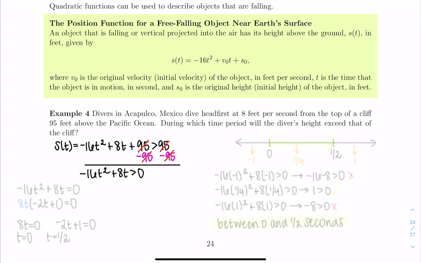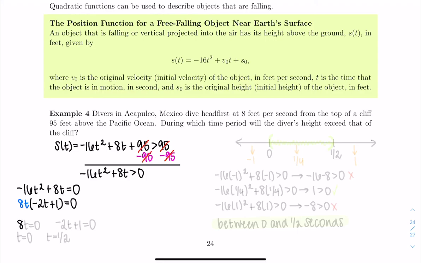Let's go ahead and find those boundary points. So we need to set this equal to 0 first. And so factoring, we can pull out a greatest common factor of 8t. And we're left with negative 2t plus 1 equals 0.